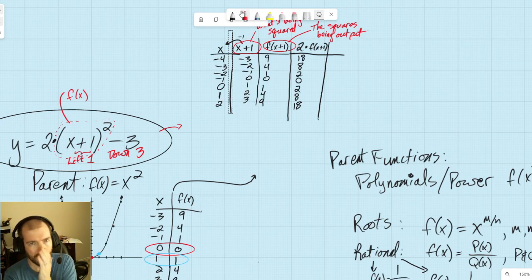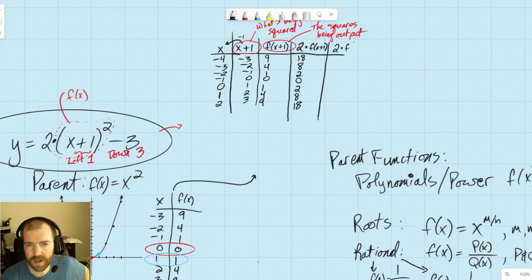Okay, and then this is going to be twice f of x plus 1, we're taking those next values, and then we still have to subtract 3 from them. So subtract 3, we get a 15, a 5, a -1, a -3, a -1, a 5, and a 15.